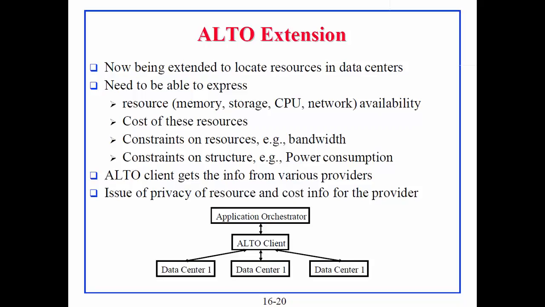Likewise, the Alto client can get information from various providers as well and pass that on to the server, just like it could get information from various peers in a peer-to-peer network.